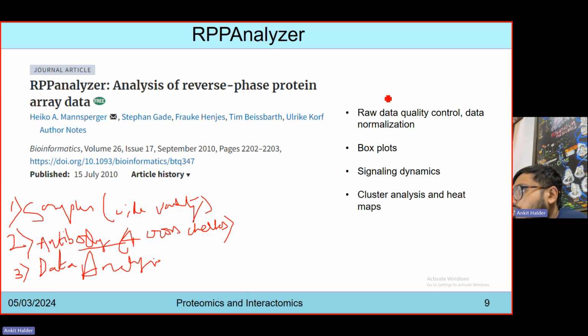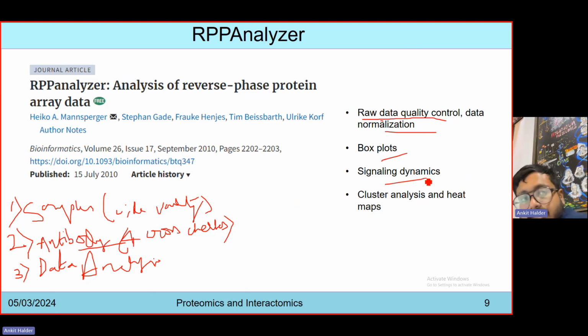So you have the raw data with the quality control, and then you are doing the data normalization, then different plots to find out the difference in expression in different samples for a particular protein.